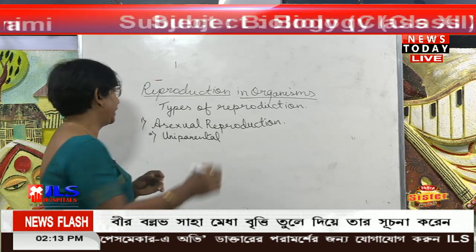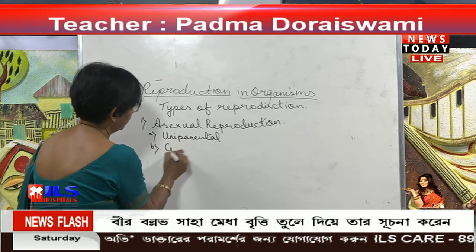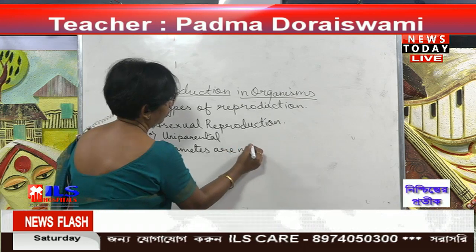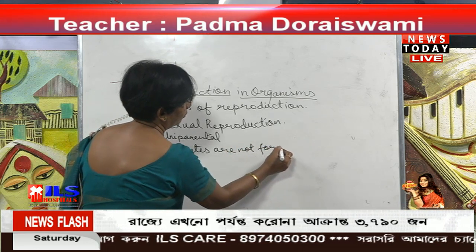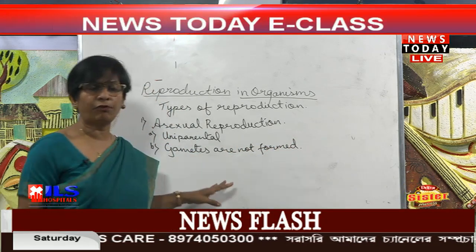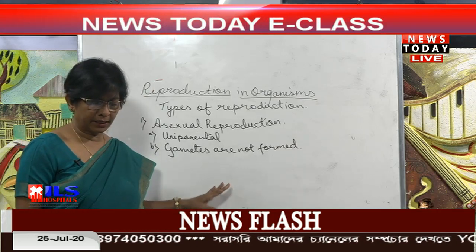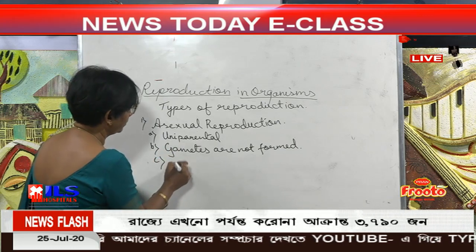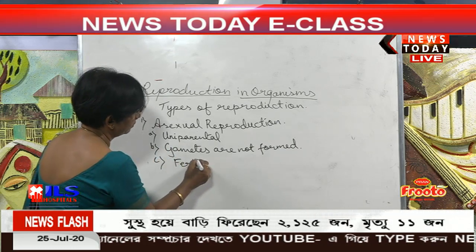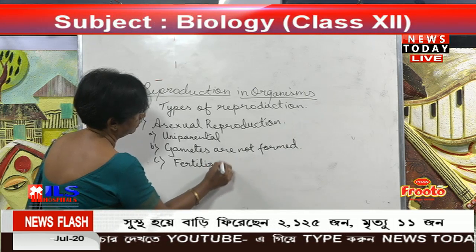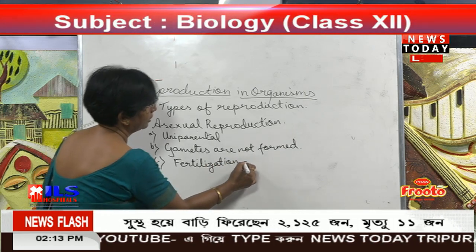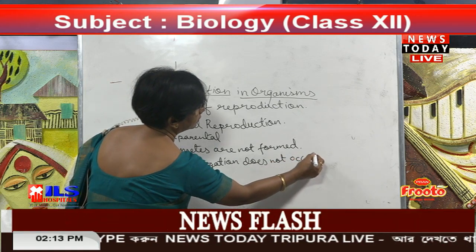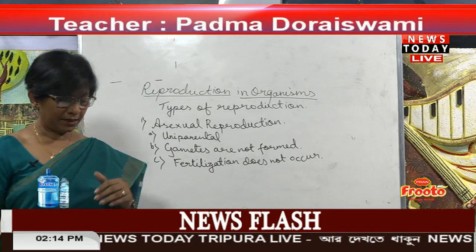Another one is that gametes are not formed. If there are no gametes, there will be no fertilization either. That means fertilization does not occur.